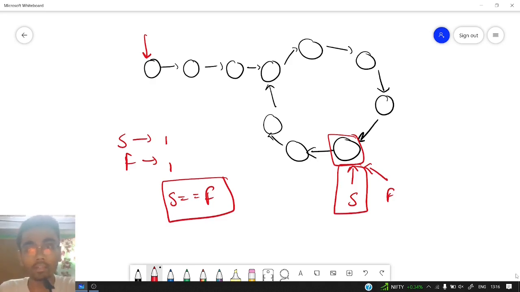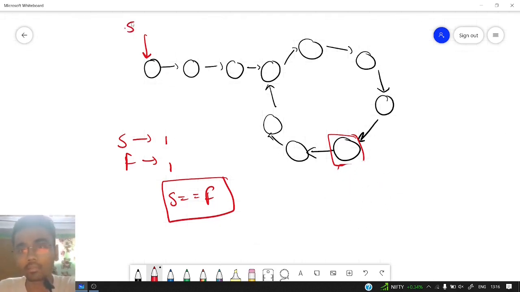So let us see if this actually works or not. We have pointed the slow pointer to the head of the linked list, and let me erase this from here, and the fast pointer will be pointing here. Now fast pointer should also move one step at a time, not 2 steps at a time. This is something we need to take care of. Now slow pointer will be pointing here and fast pointer will be pointing here.